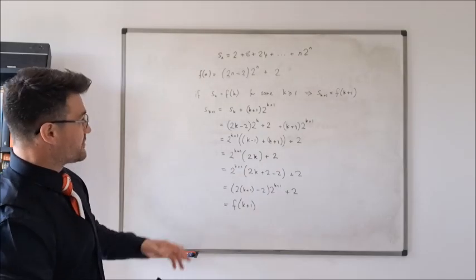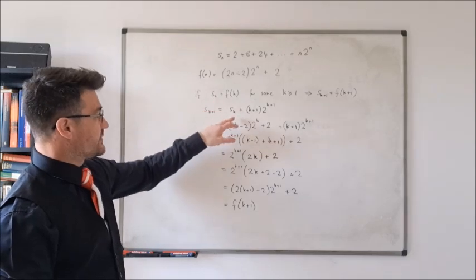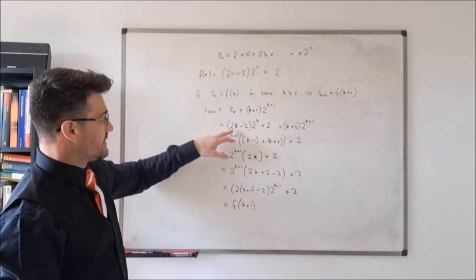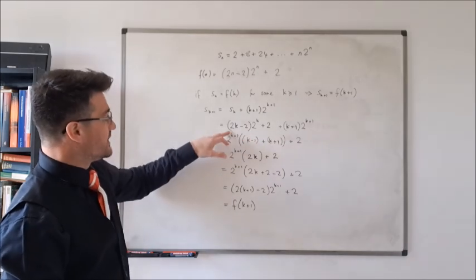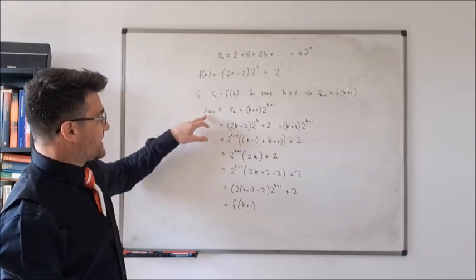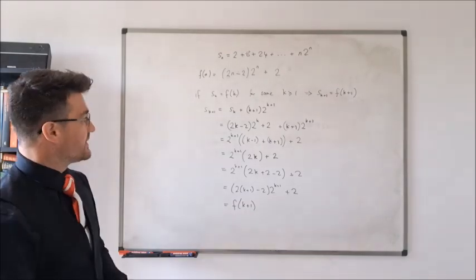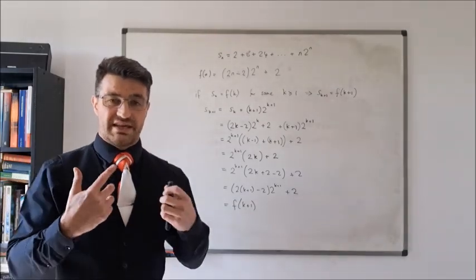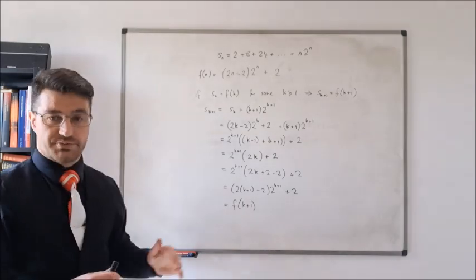Okay, so in other words, we've proved that under the assumption that sk is equal to fk, which is what I've replaced the sk with here, this is fk. What I can show is that sk plus 1 is equal to fk plus 1. Okay, so this is the induction step. This is the inductive step that we've just proved here.